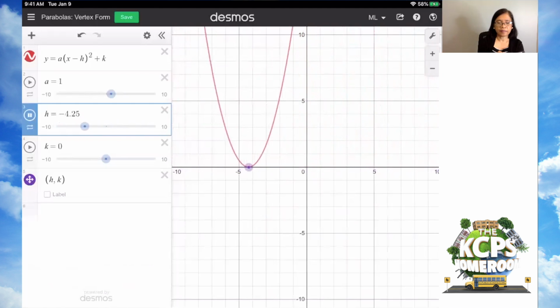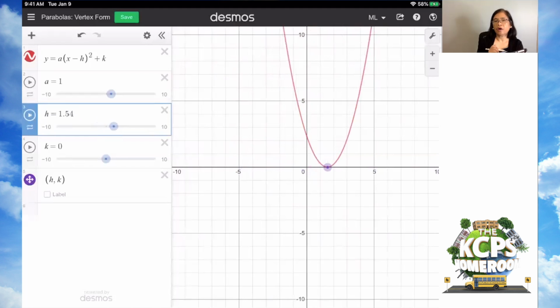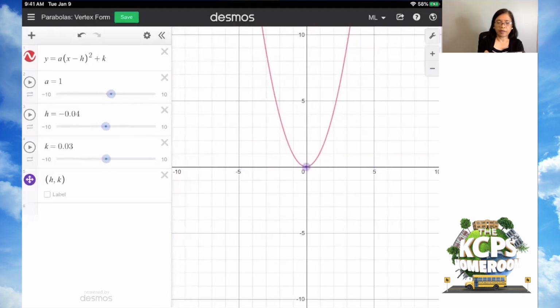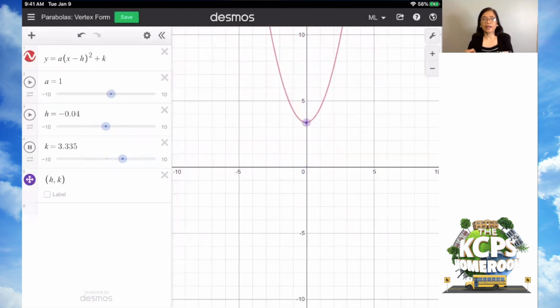Then what's the effect of changing the value of k? So I move k. Notice it's a movement upwards or downwards.